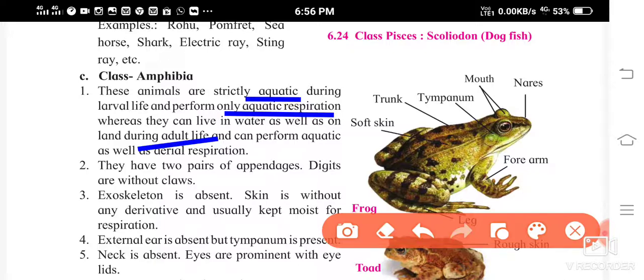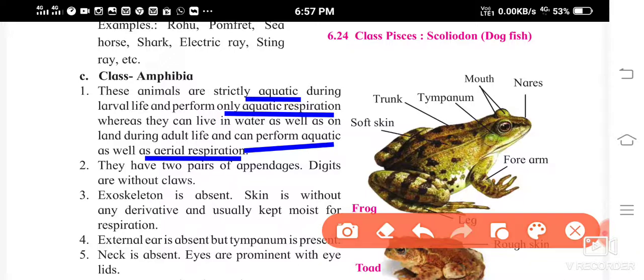Why? Because during the adult stage they can perform aquatic respiration as well as aerial respiration. Aerial respiration means they can perform respiration on land also, in the air also. So in the adult stage they can live both on land as well as in water.